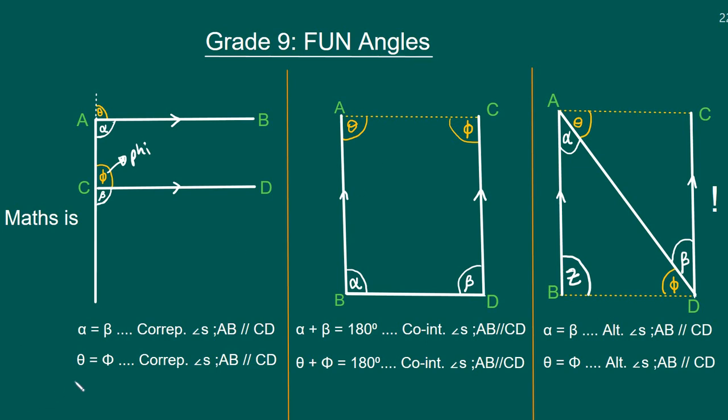Phi and beta. So you are saying that if I were to say that phi plus beta will give me 180 degrees, those would be your co-interior angles. Yes, no?